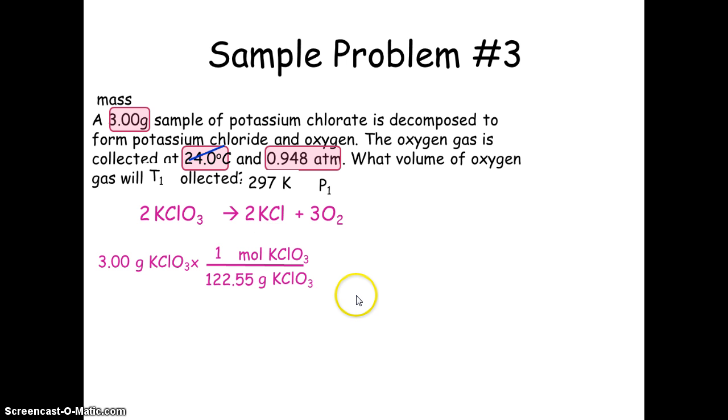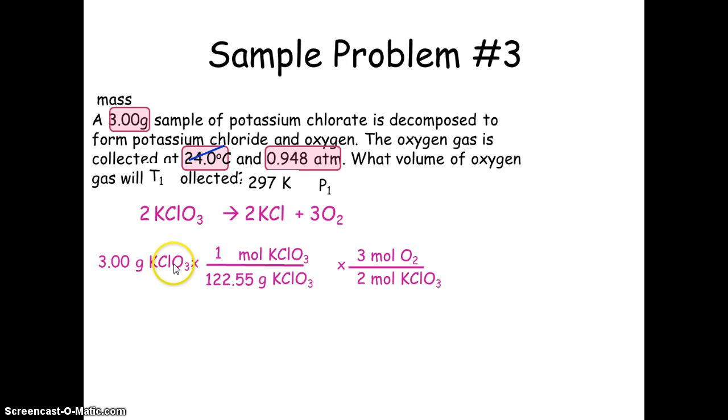Our next step is to go from moles to moles. So again, going from moles of potassium chlorate to moles of oxygen. Here's where we use our coefficients. For every 2 moles of potassium chlorate, there's going to be 3 moles of oxygen. So we've got 3 up here, 2 down here. Notice that our units match up.